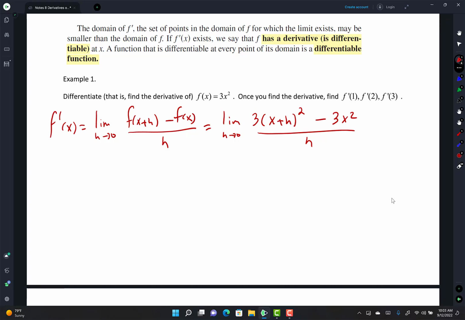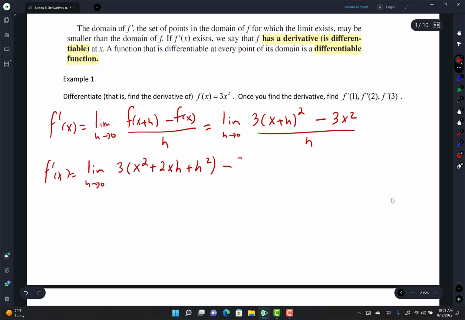I'm going to go ahead and expand it. F prime of x is equal to limit as h approaches 0, 3 parenthesis x times x is x squared plus x times h is xh, but I have how many of them? 2. And then h times h is h squared, minus 3x squared all over h.